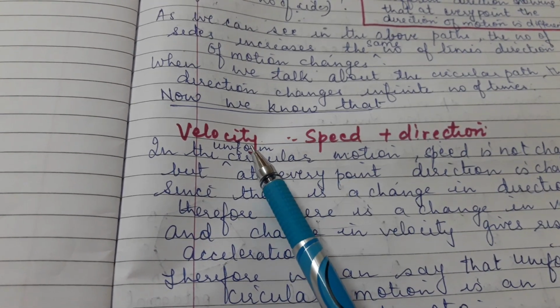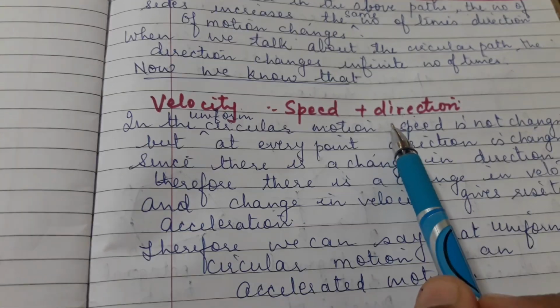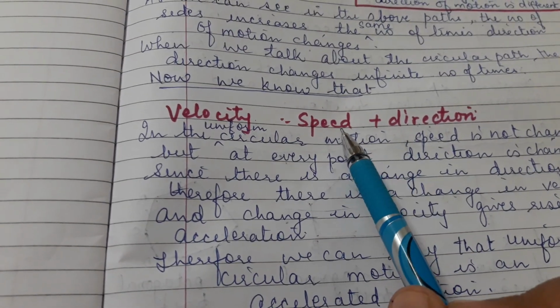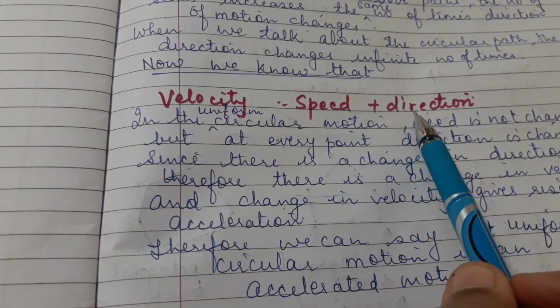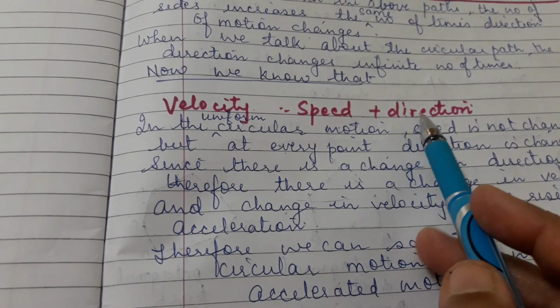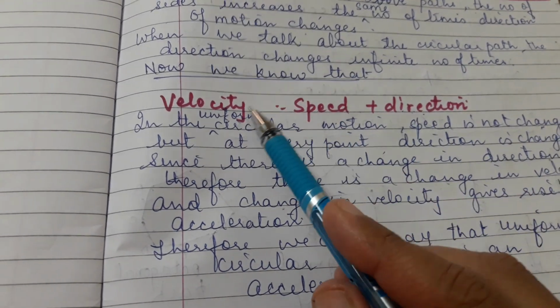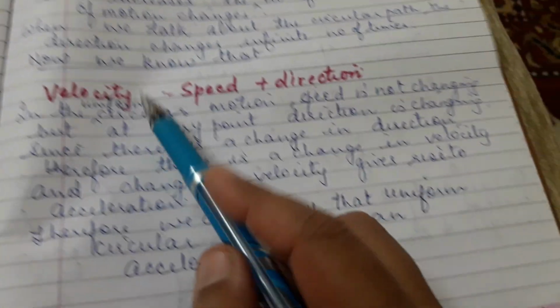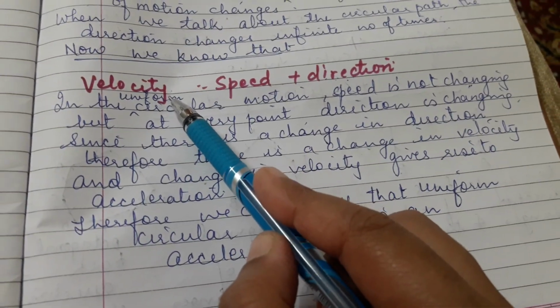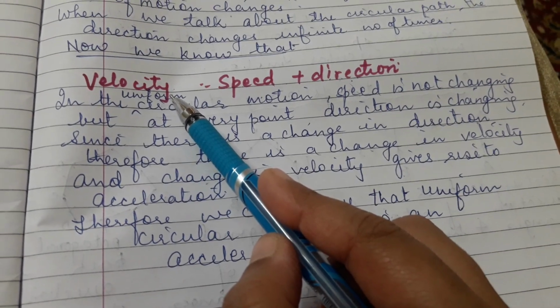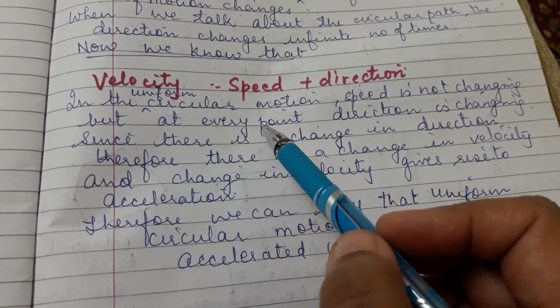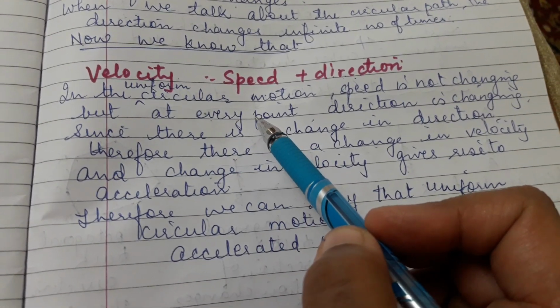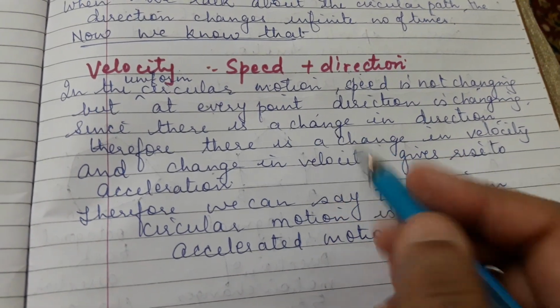We know that velocity is equal to speed plus direction. Speed is not changing, direction is changing at every point, and because of the change in direction, velocity is changing, and because velocity is changing, we say that there is acceleration. Hence, we can say that uniform circular motion is an accelerated motion.